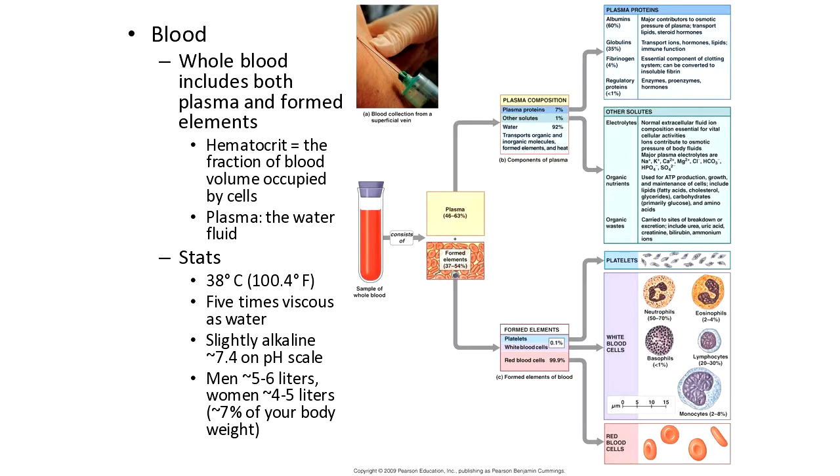So by centrifugal force, we can start to separate things in the blood that are heavy, such as cells, from things that are very light, which would be water molecules and ions and small molecules embedded in the non-living matrix. All right, and when we do that, that gives us some very important information.